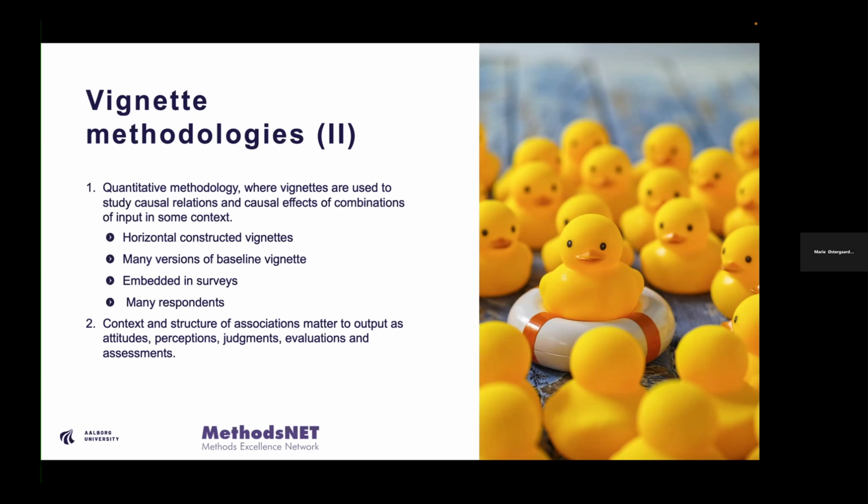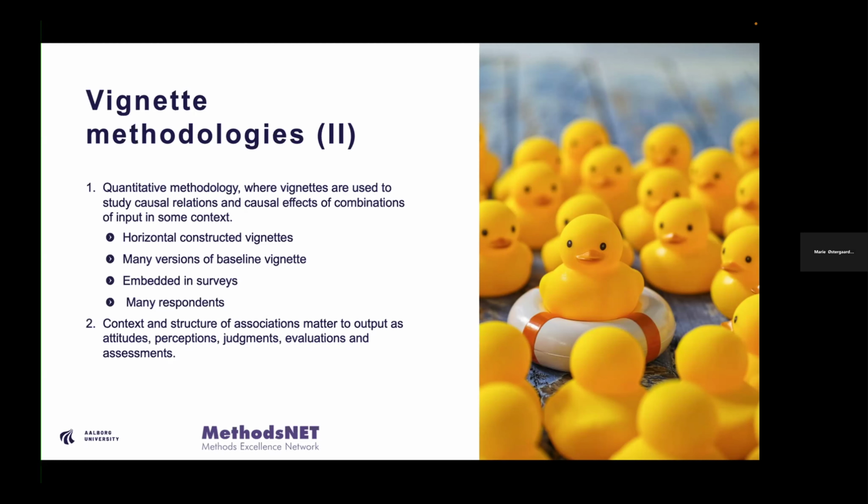Imagine more or less the same storyline, but varying on very particular words and sets of associations in the vignette. So here you have many versions of the baseline vignette, so that you can control and see what happens if we change this word and not that word in the storyline, and keep other representations there.